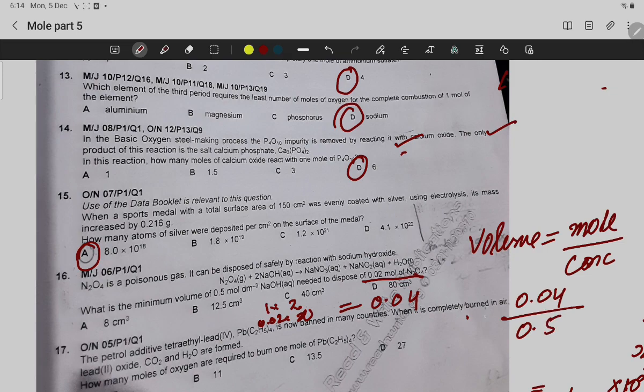So this is in dm cube; multiply by 1000 to get centimeter cube. 0.04 divided by 0.5 times 1000 is equal to 80 centimeter cube. This is the answer.